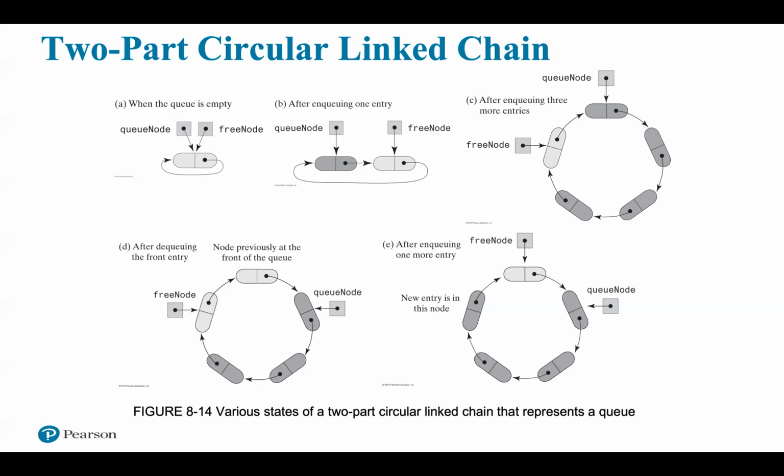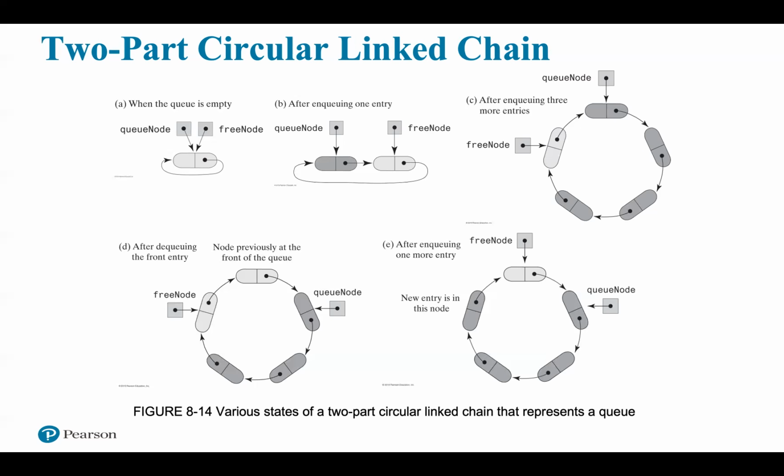The chain is now shown in Figure 8.14c. Again, freeNode references the unused node. Since queueNode references the node at the front of the queue, retrieving the front entry is easy. Now, if we remove the entry at the front of the queue, we advance queueNode, so the chain is as pictured in Figure 8.14d. The node that was at the front of the queue is not deallocated.